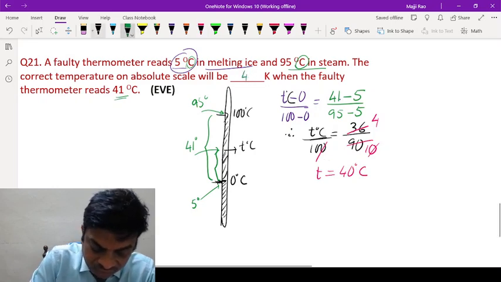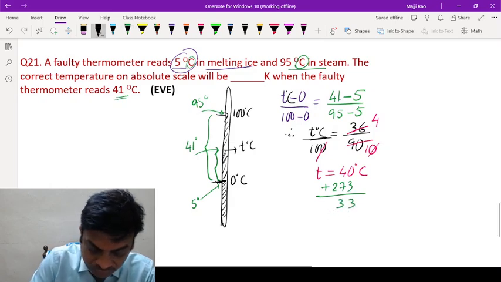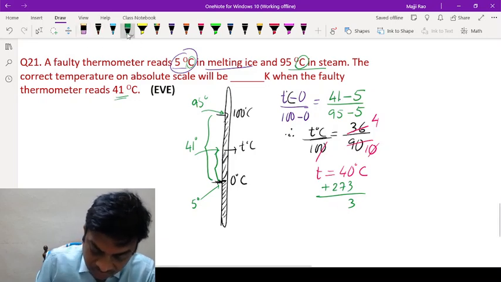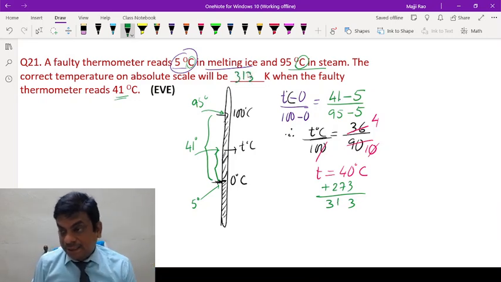Sorry, we have to express it in Kelvin. So 40 degrees Celsius means you add 273 to get 313, isn't it? 313 Kelvin. Okay.